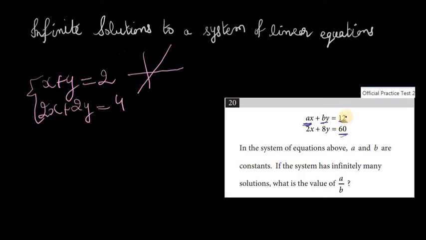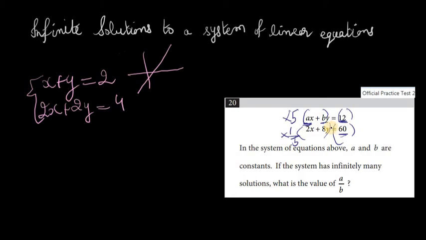We can tell just by looking at them that we're multiplying both sides of the first equation by 5 to get to the second, given that it has infinitely many solutions. When I multiply 12 by 5, I get 60. You could also look at it another way: you can multiply the second equation by 1 over 5 to get to the first equation.